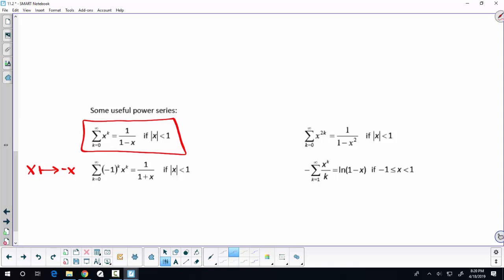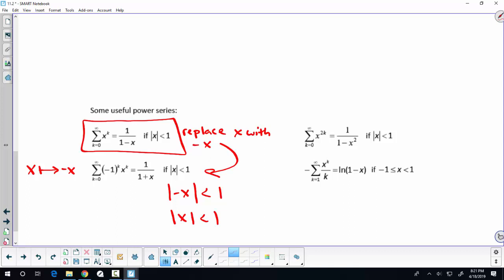The initial setup is that our composition converges when I replace x with negative x. This new function converges when the absolute value of negative x is less than 1, which is the same as the absolute value of x is less than 1. So there's your alternating geometric series, obtained by replacing x with negative x to get this series.